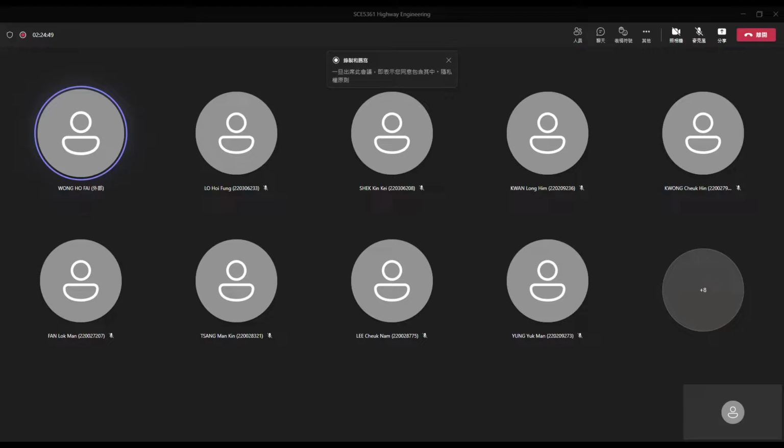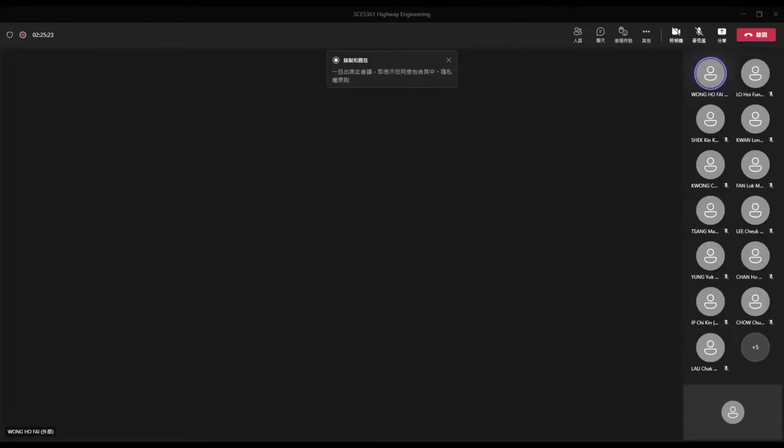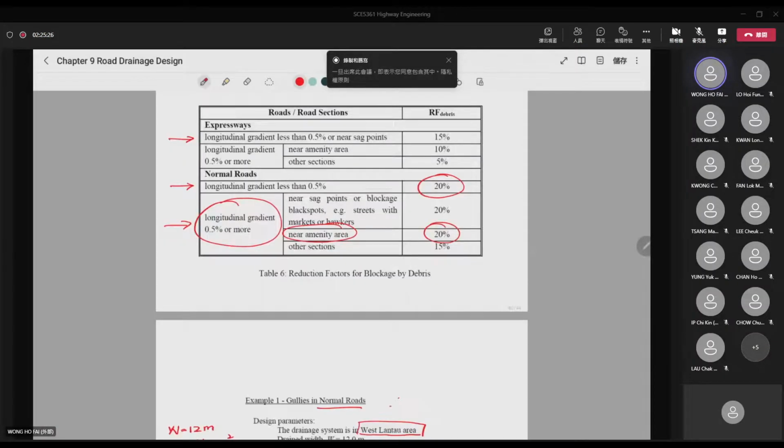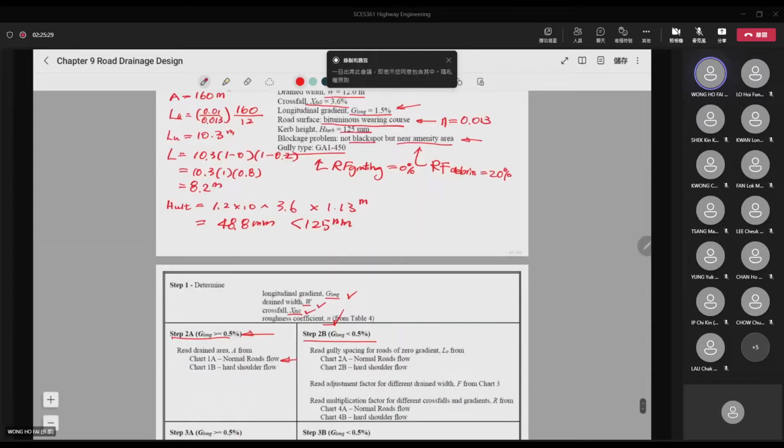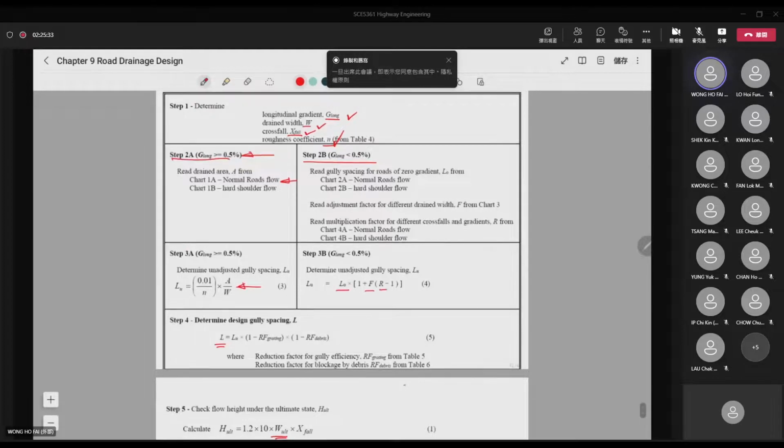Okay. Then we will use the equation. Okay, then we will use the equation here: L naught times 1 plus R, F times R minus 1, right?